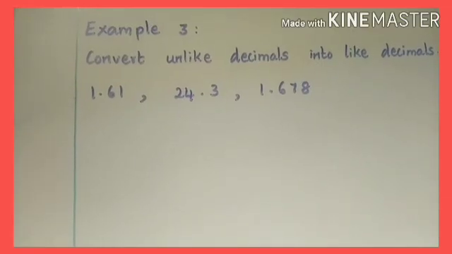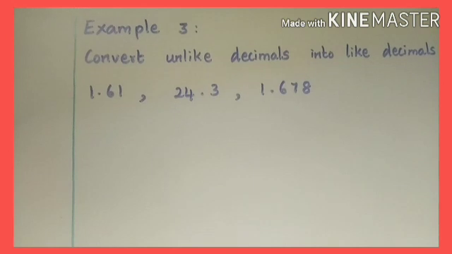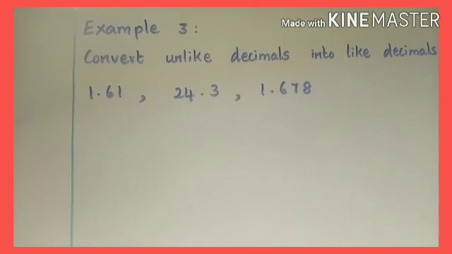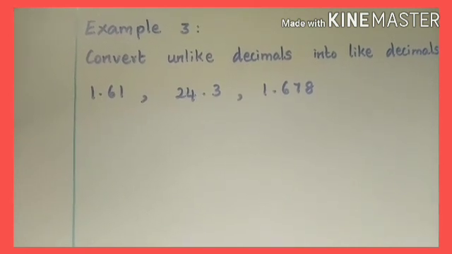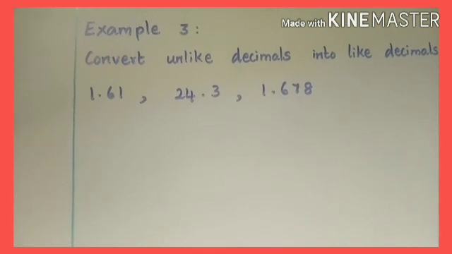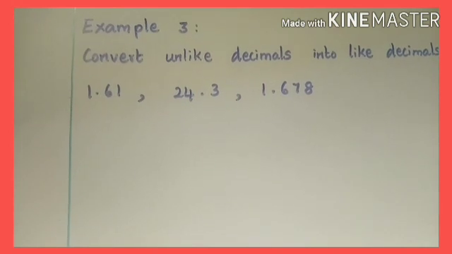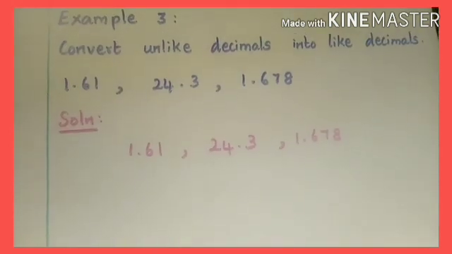Example 3. Convert unlike decimals into like decimals. 1 and 61 hundredths, 24 and 3 tenths, 1 and 678 thousandths. Let's convert the given unlike decimals into like decimals. Students, first find the number of decimal places.